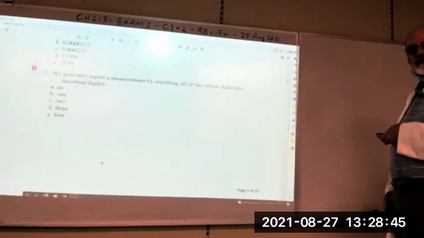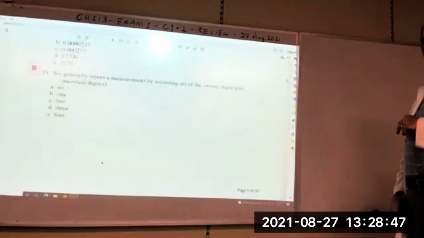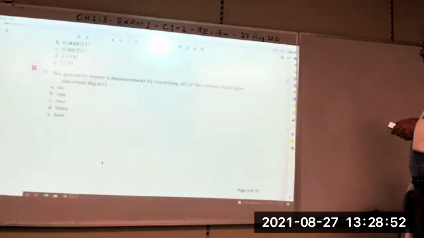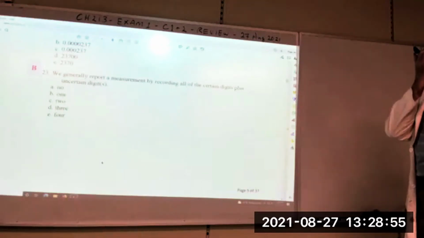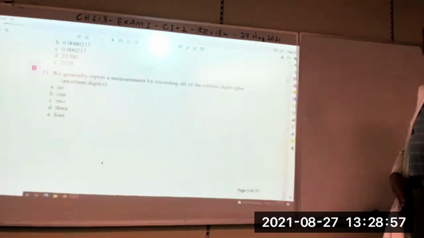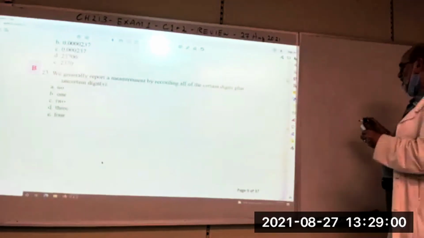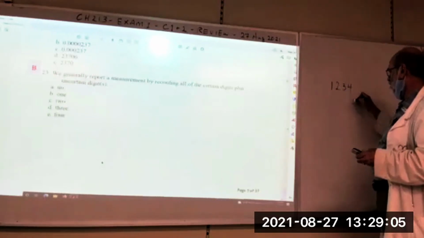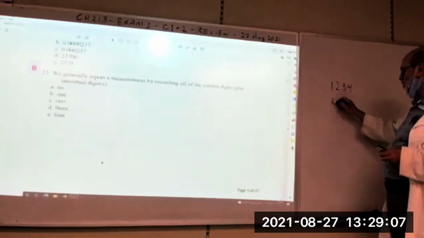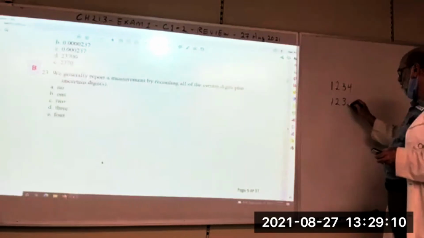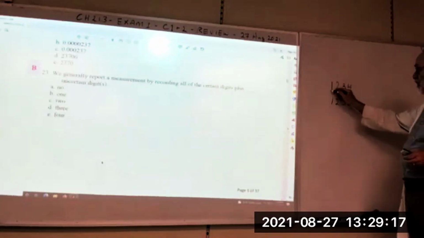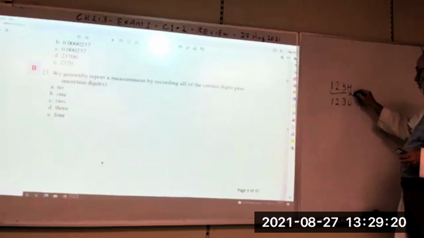Remember, all your certain digits plus 1 uncertain. Your last one to the right is your uncertain digit. And that's the way a scientist is going to look at your numbers. So if you meant to say one thing, but instead you said another, they're going to see this one as certain and uncertain.